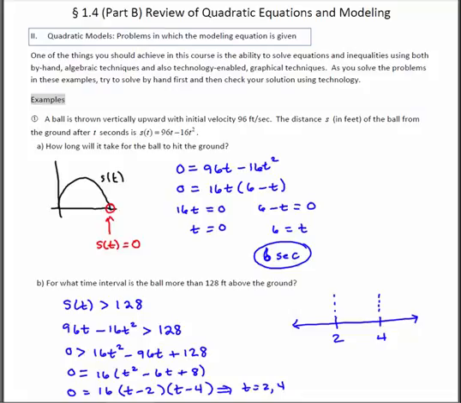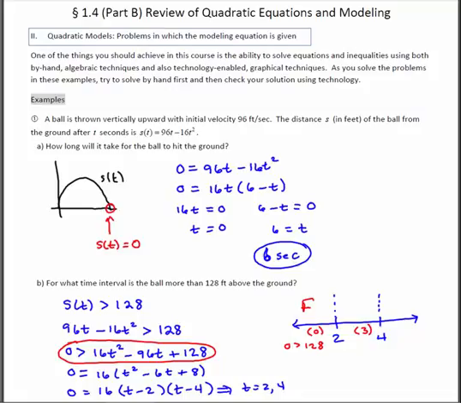I'm going to check everything back in this inequality, I should say more precisely. The first thing I'm going to do is choose a test value of 0. If I plugged 0 in for t, my inequality would say 0 is greater than 128, which is certainly false.